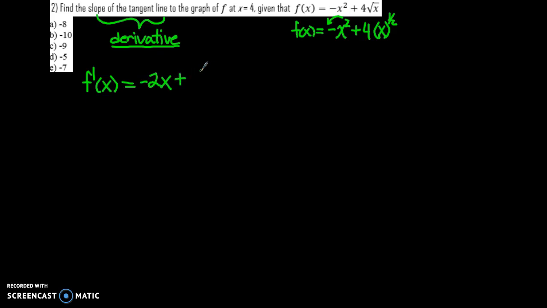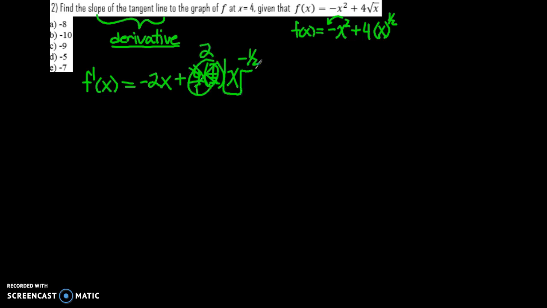Bring that 1/2 over, that gives us 4 times 1/2. If you already see that, go ahead and write it as 2. We've got 4/1 times 1/2, which reduces down to 2.